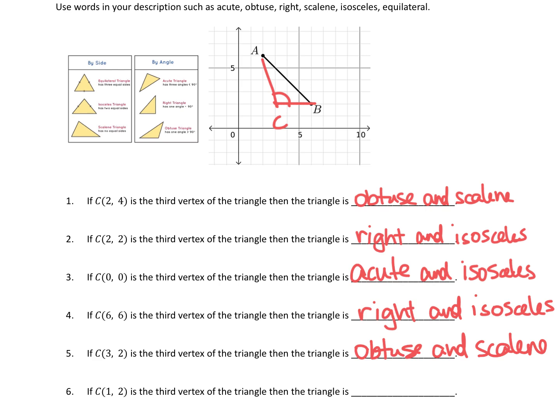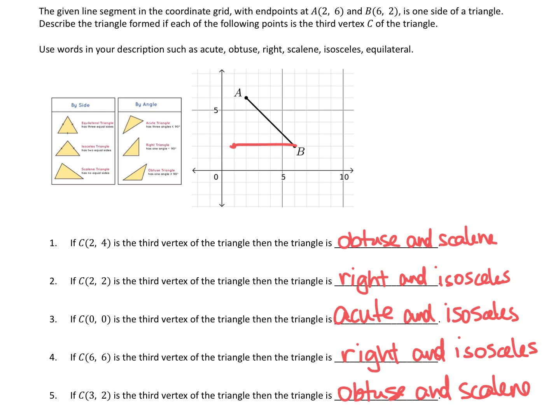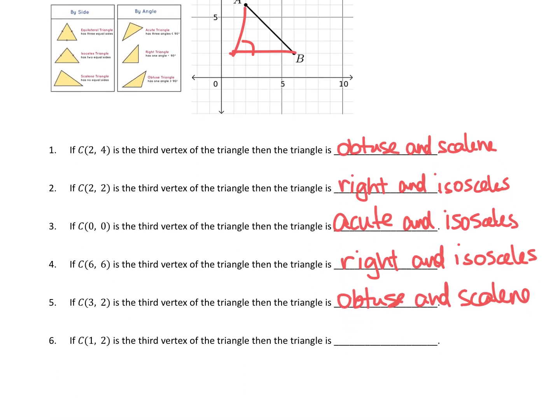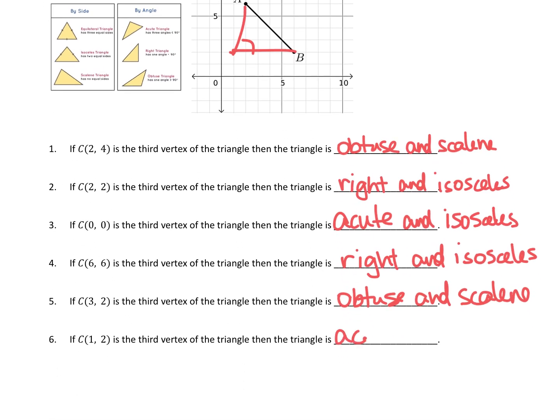Okay, so let's put our point there, 1, 2, so right here. So that looks like acute and scalene. So none of the sides are equal there. So we'll say we just created an acute scalene.